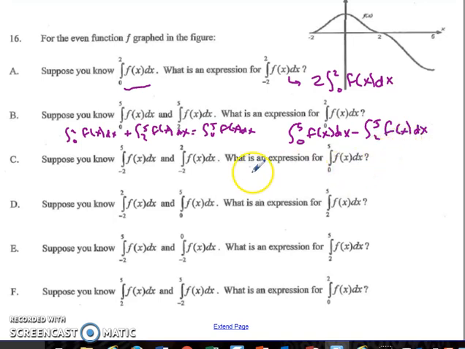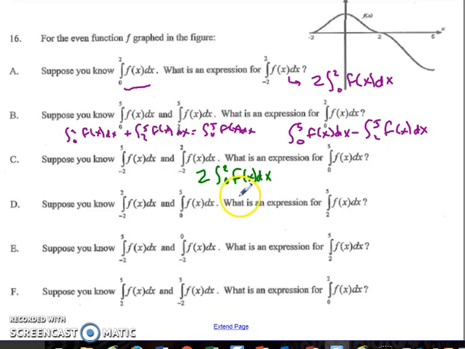So then next, suppose we know the integral from -2 to 5 and the integral from -2 to 2. Well, do you remember in number 1, we said that the integral from -2 to 2 is twice the integral from 0 to 2. So that's going to be helpful because we're looking for the integral from 0 to 5.